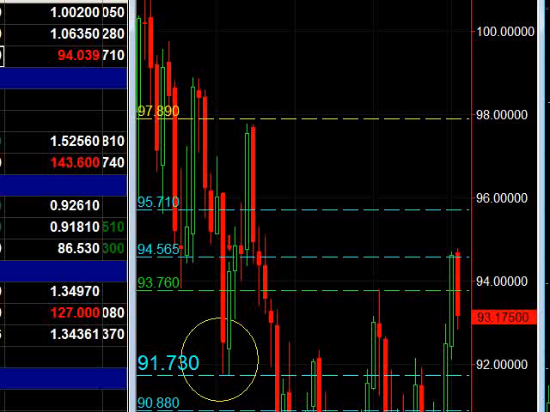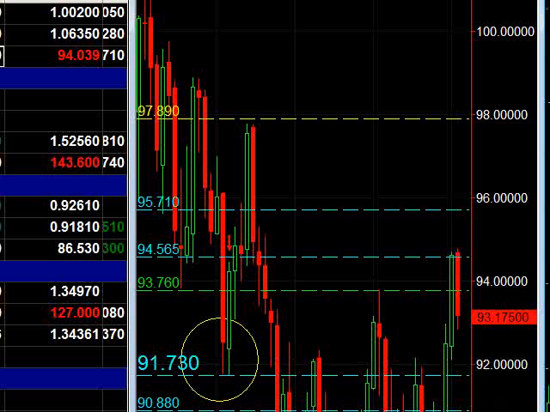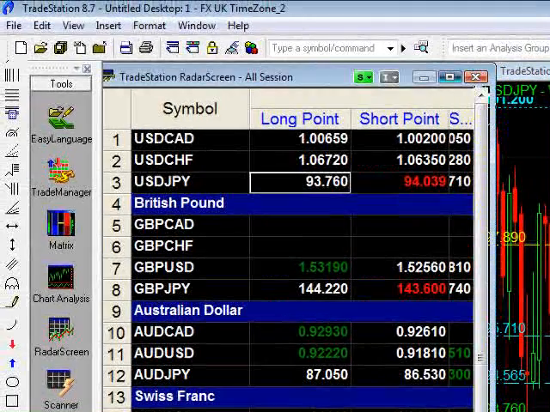So we have an inexpensive buy. We're about 50 pips below. We closed the week at 93.17. Our buying point is 93.76, so just 50 pips away, and we're going to take the short below 92.83, so it's just 40 pips below. Our shorting point is 40 pips away, so in this case we have two safe trades.